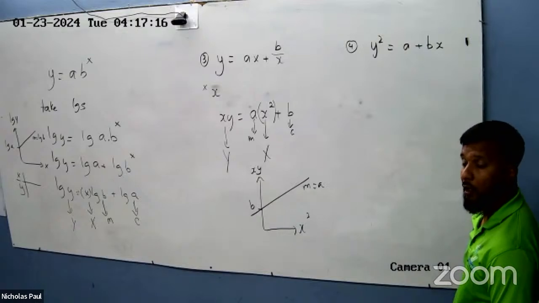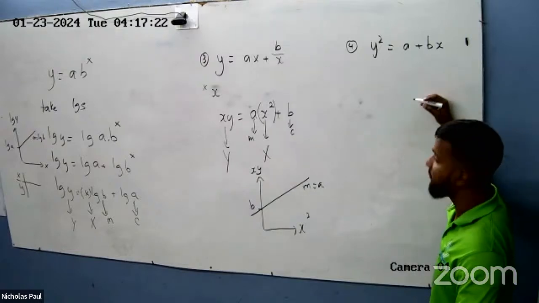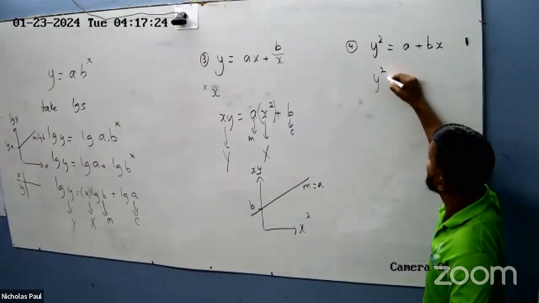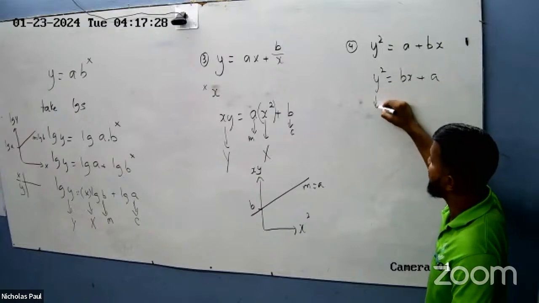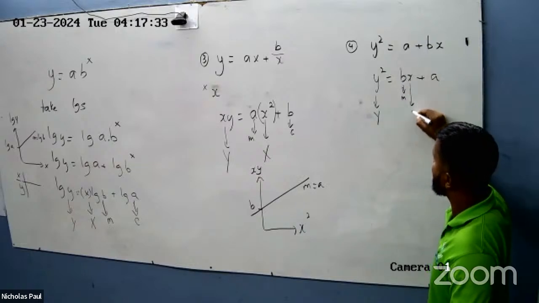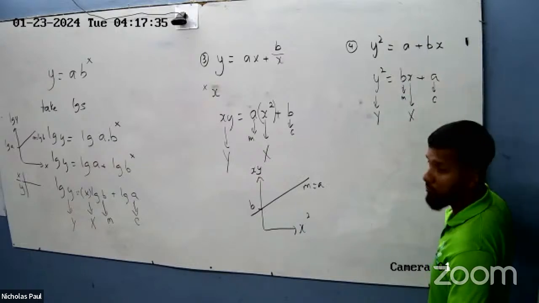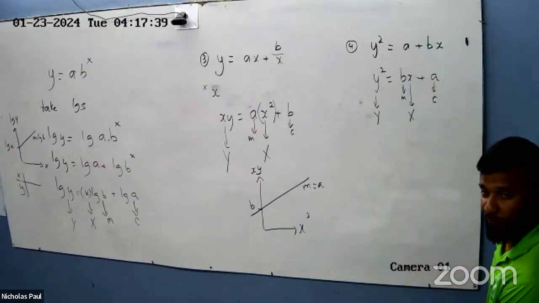So what do you think, Daniel? Do we need to linearize this? I don't think we do, just rearrange it. So this is already a straight line.